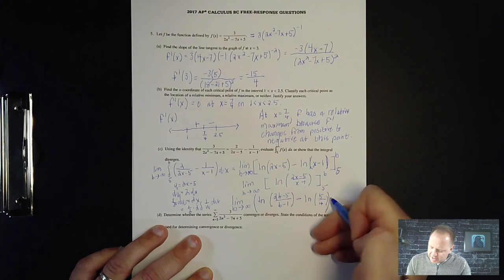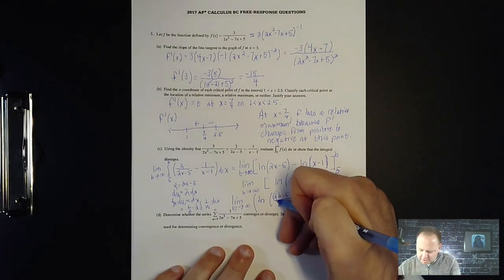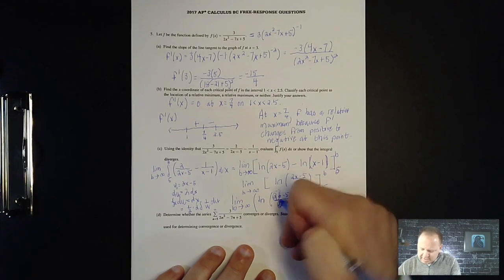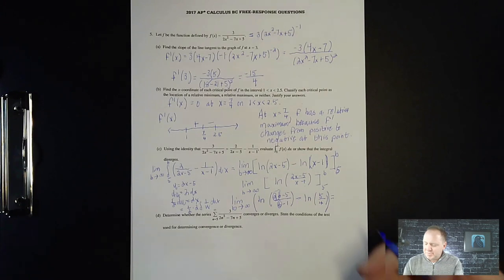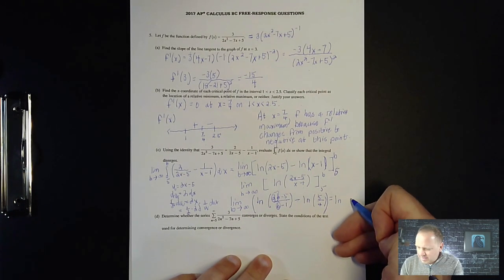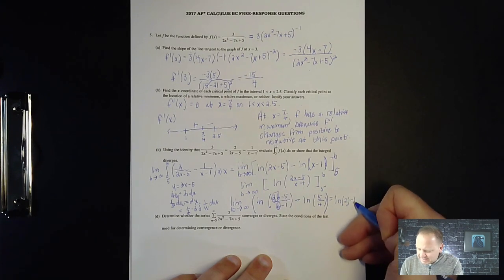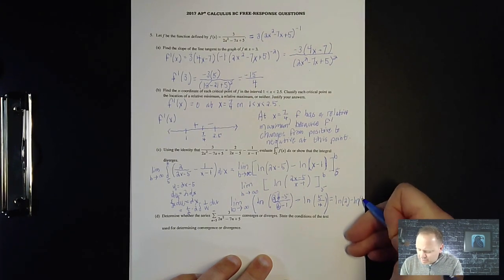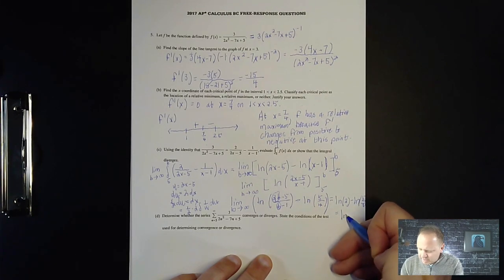Now I'm ready to evaluate this limit. The end behavior model of what's being plugged into the ln is 2b over b as b approaches infinity. So that just becomes the ln of 2, minus the ln of 5/4, and you probably would be okay to leave that, but we can get this all back into 1 ln now.